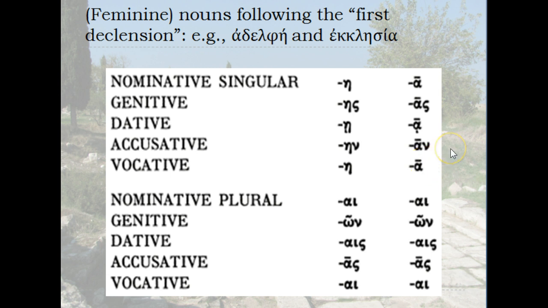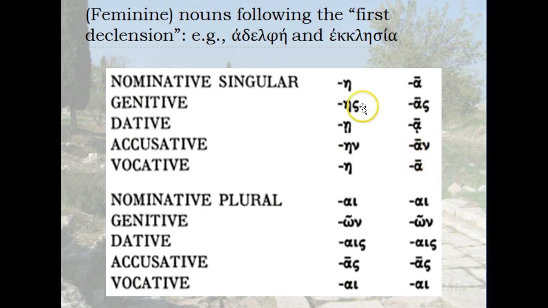And you will know which pattern a noun follows because in the vocabulary it's given with its nominative singular ending. So if you see adelphe with the eta, you know you're going to be looking at this first set of endings, the eta-based endings. With ecclesia in the vocabulary, you see the alpha at the end, so you're going to know that you're going to follow the alpha-based endings.